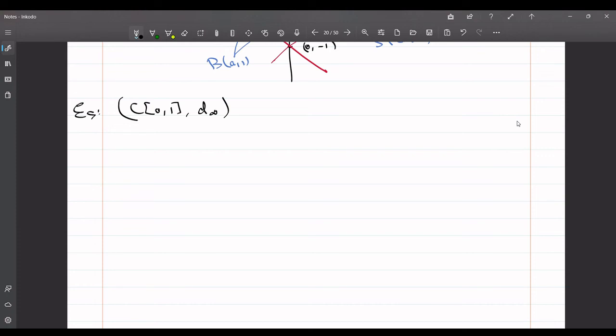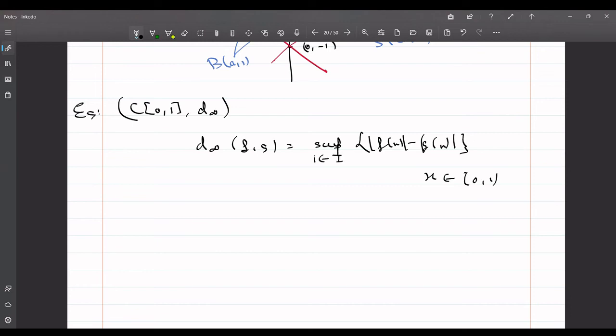Clear? So I'm writing it down here. The metric induced by the sup norm, d(f,g), is basically the supremum of the modulus of f(x) minus g(x), where x belongs to [0,1].